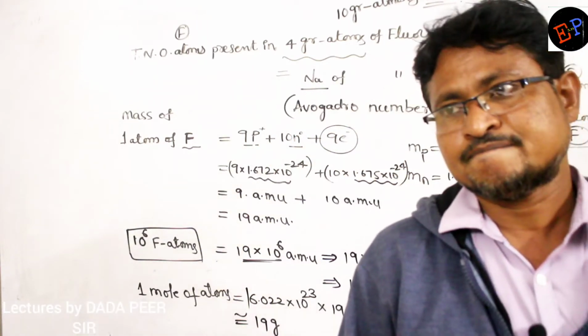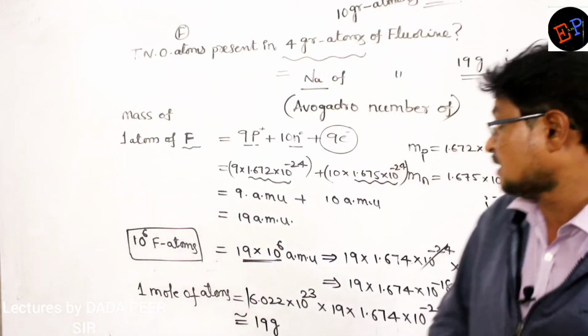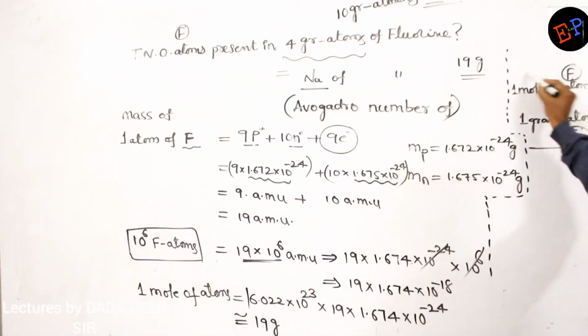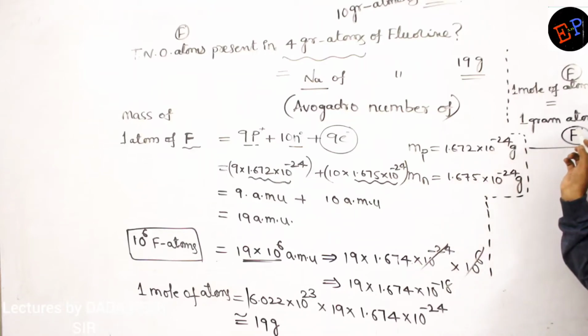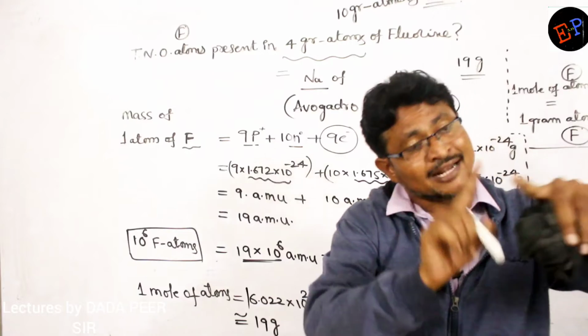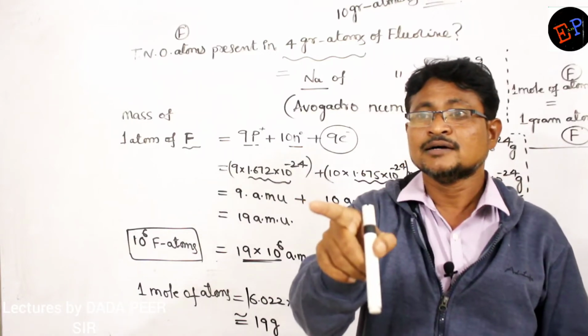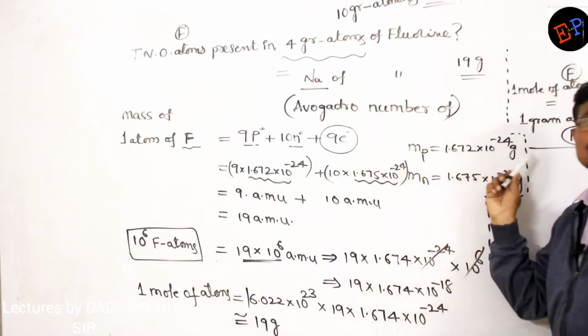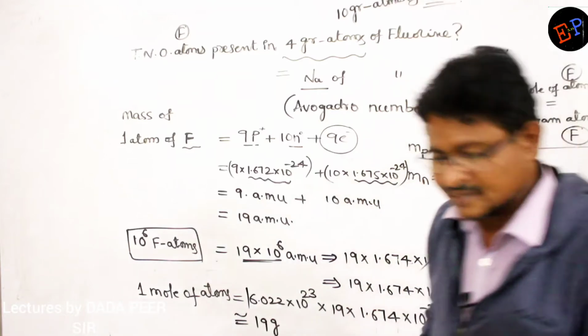So far I explained the relation between mole and gram atom. Now the numerical is about the relation between mole and gram molecule. Write the hint for that.